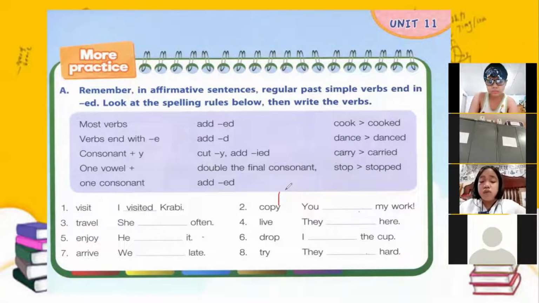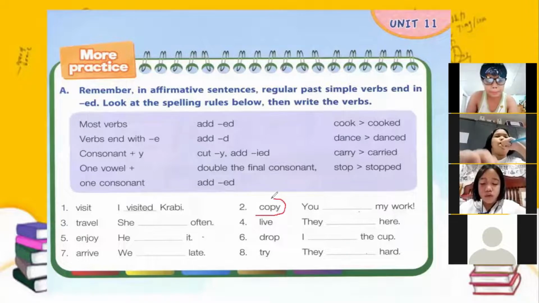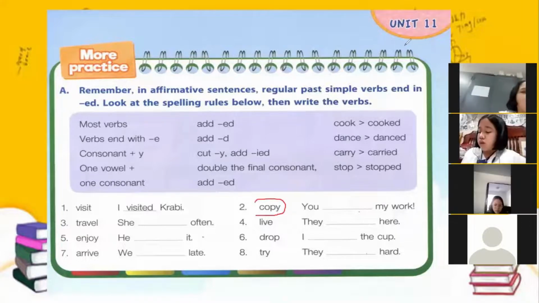Sunday, can you tell me? For number two, copy, what will be the spelling? Copied. So what will be the spelling?